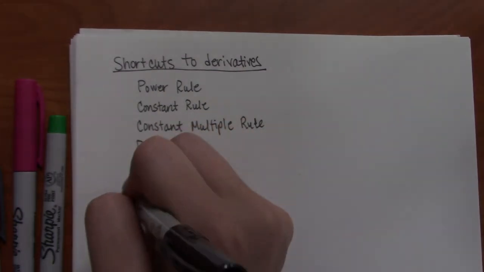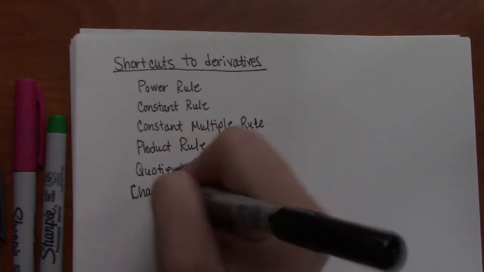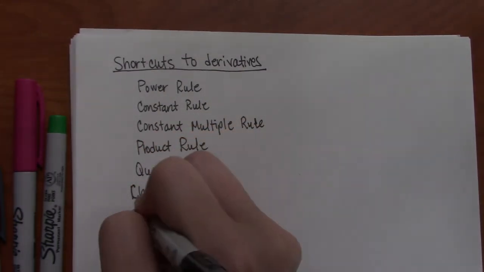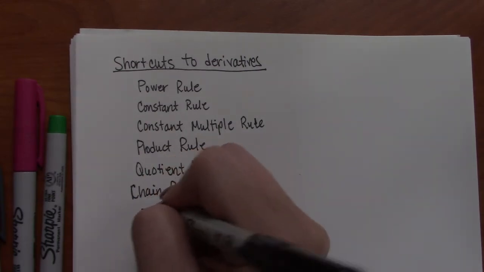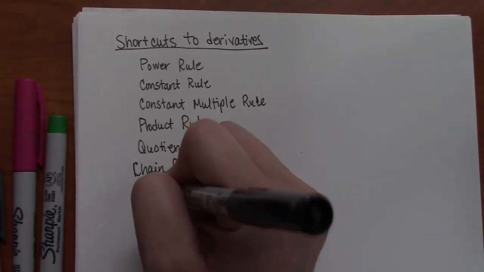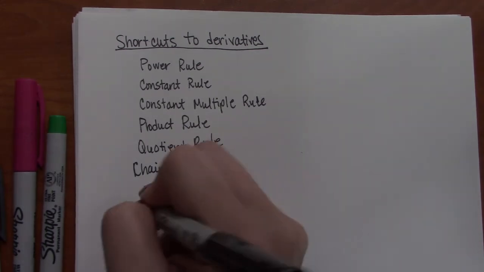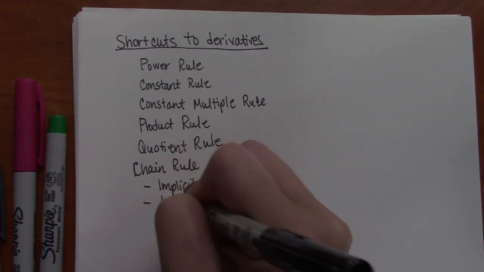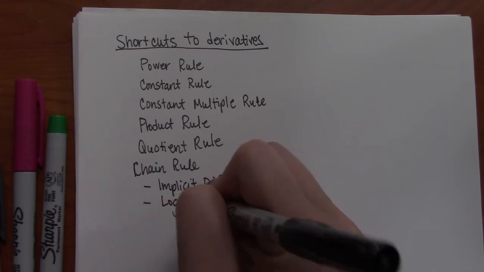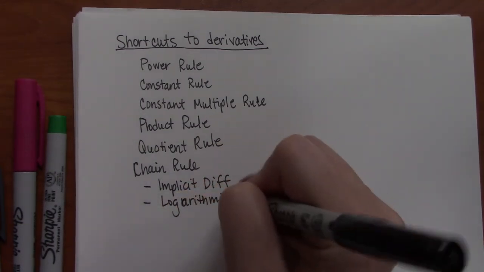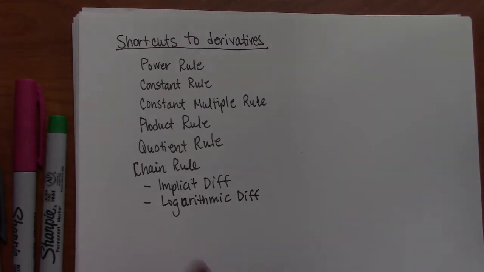Quotient rule. Chain rule. And kind of inside the chain rule, implicit differentiation, right? Logarithmic differentiation. Those are both kind of spin-offs of the chain rule.